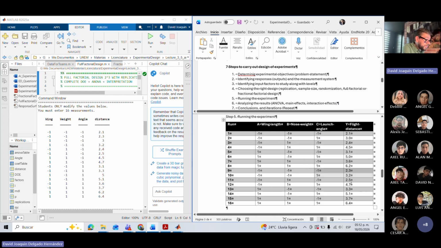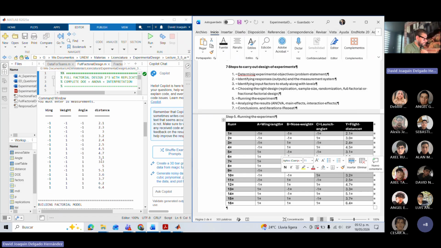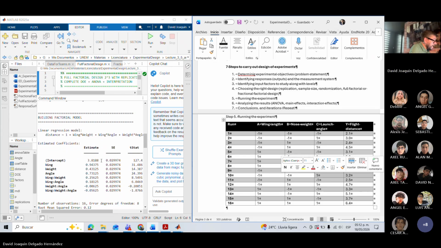Then the following is 3.0, which is this one, and the following is 3.2, which corresponds to the experiment number 10 in our table, okay? And so on. It is exactly the same pattern. You can follow the pattern, and you can see how this is organized.